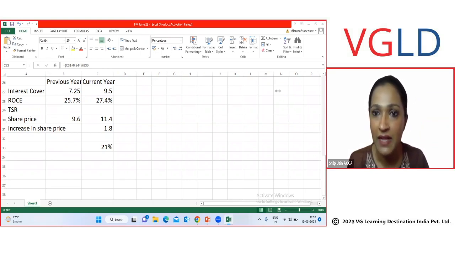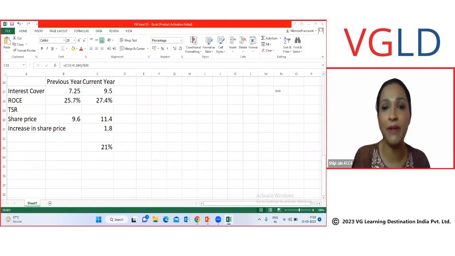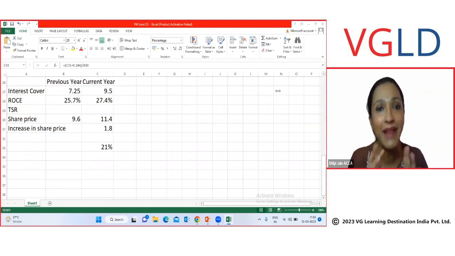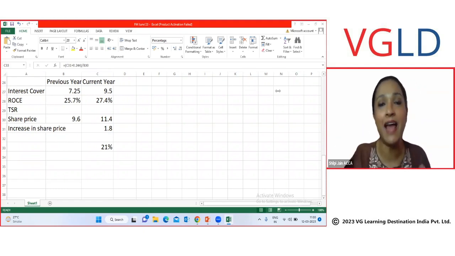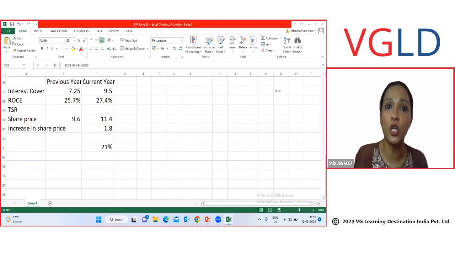That's correct, Palak. Vinaya, Vani, Sneha, wonderful, guys. I'm so happy to see that you are all familiar with these basic ratios and you're able to go one level up by calculating the total shareholder return, which is something new that you've learned in your financial management classes.